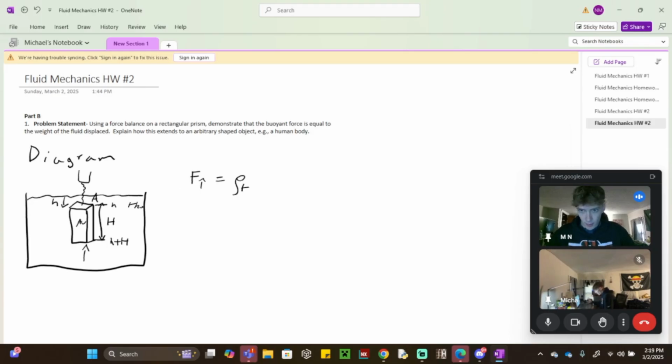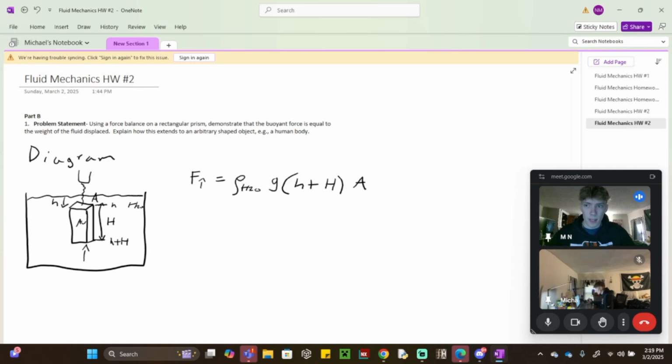So it will be the density of H2O times the gravitational constant times the depth of h plus H. And then we need it to be a force, so times it by the cross-sectional area A. So this is the force acting on the bottom of the rectangular prism.